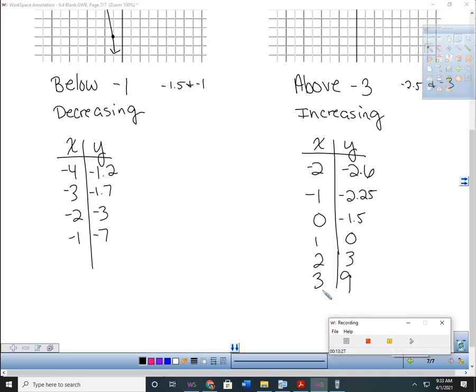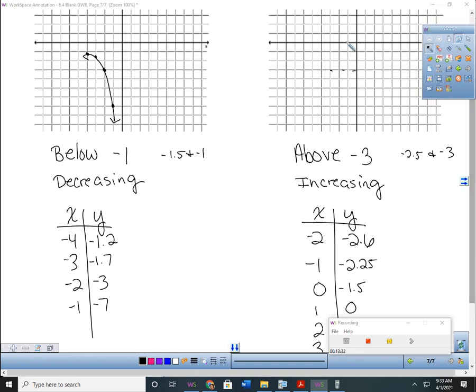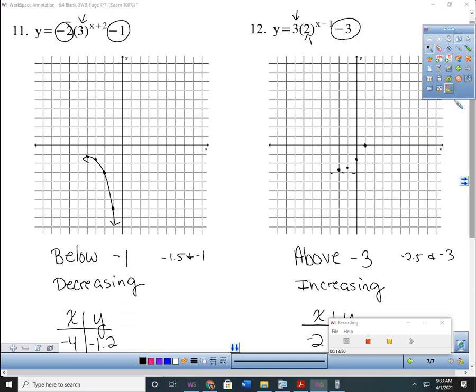So I have my table of values. I'm just going to plot those points. So I have negative 2, negative 2.6, negative 1, negative 2.25, 0, negative 1.5, 1, 0, and then I have 2, 3, and 3, 9.